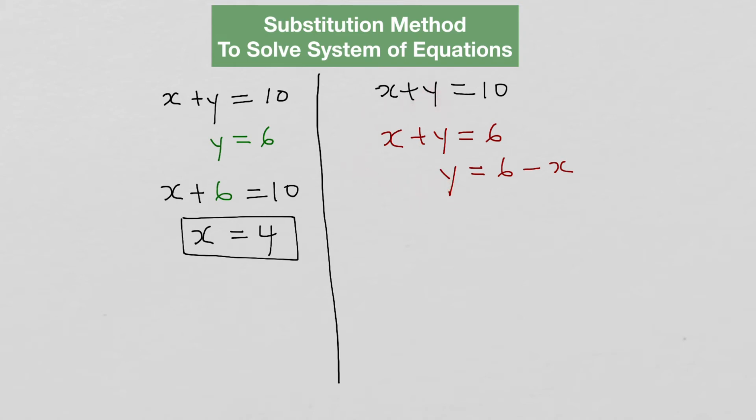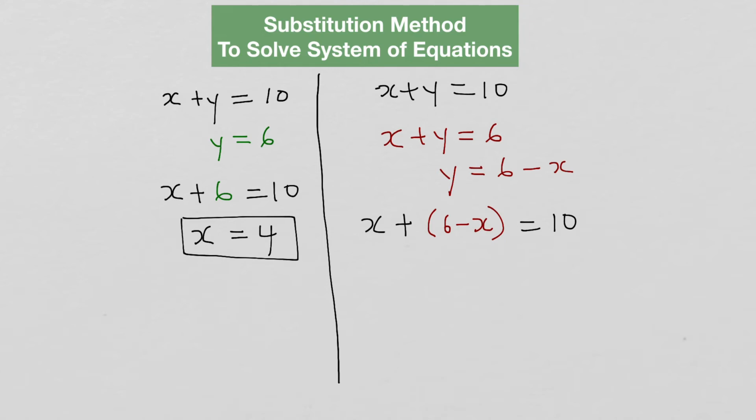Okay? So if I take the first equation and rewrite it, it's going to be x plus 6 minus x is equal to 10. Okay?